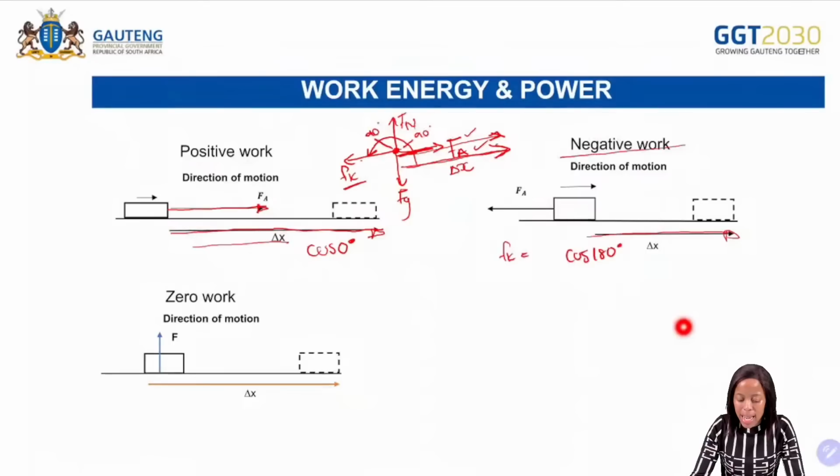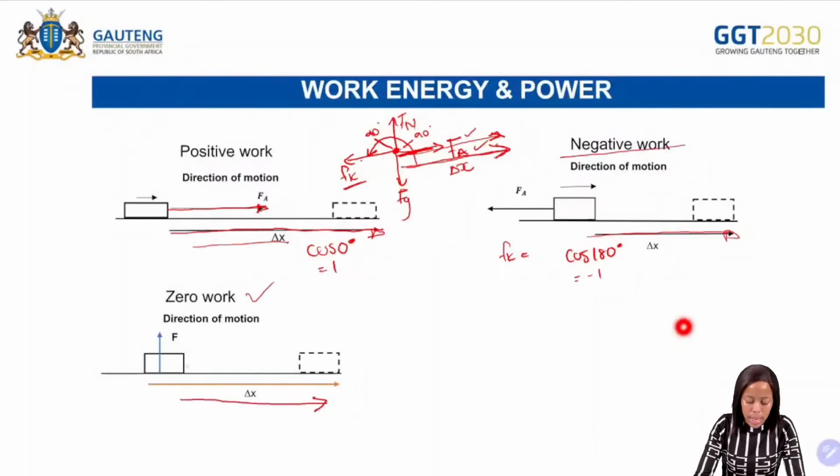Cos 180 degrees, okay? So when we have cos 180 degrees, we know that the answer here will be -1, and then the answer here will be +1. Then next, when we have zero work, what are we saying? It is when the displacement is at a 90-degree angle with the normal force or Fg there.